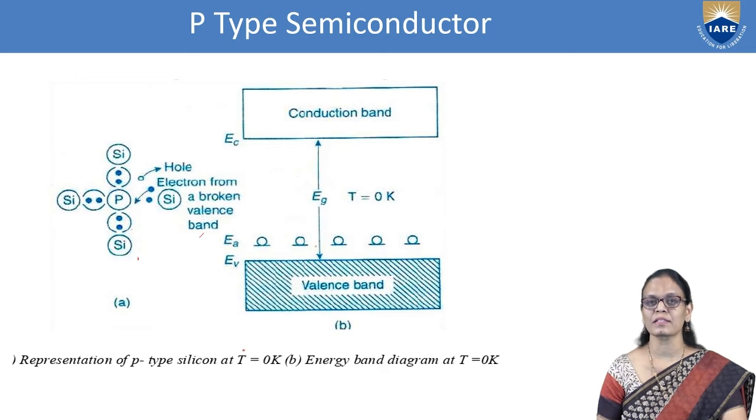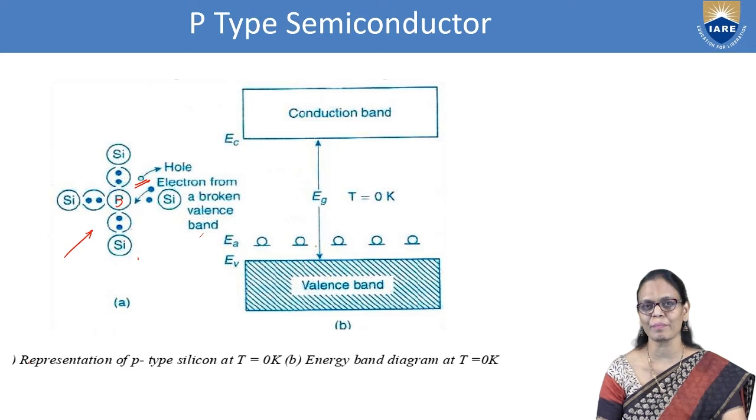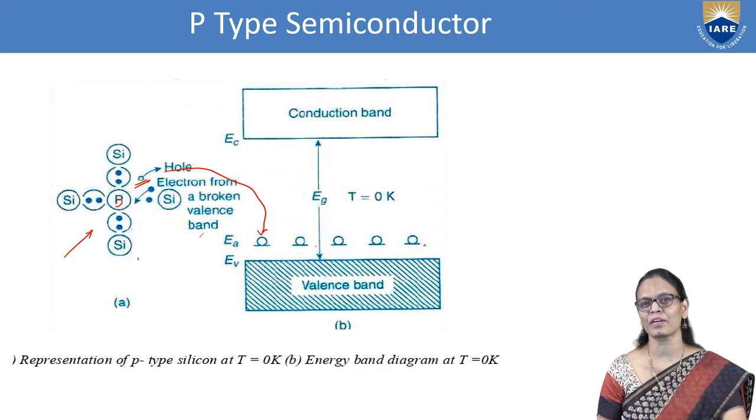Now how do we see this? In the silicon atom, whatever holes are formed as you add more and more boron atoms to the pure semiconductor, these holes are represented in the acceptor level like this.